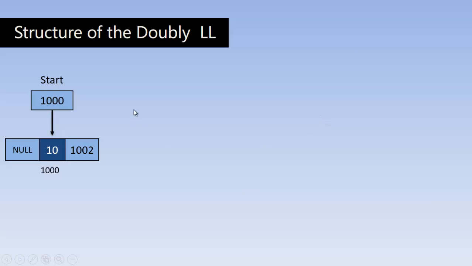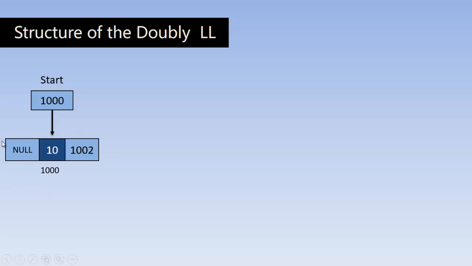So this is a single node with a start pointer. This node is called the doubly linked list node. This node has three fields. One is the previous pointer, another one is the next pointer.